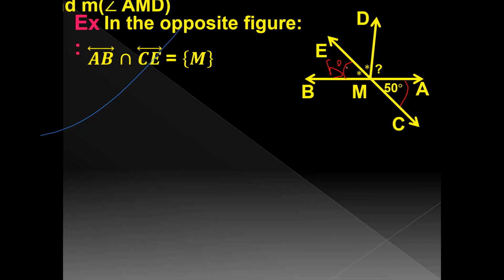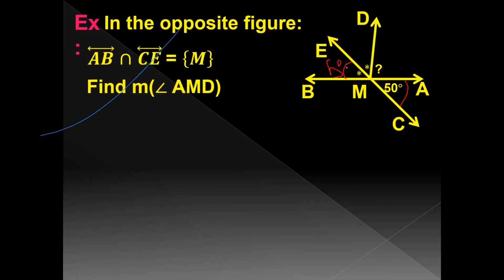And we have angle EMB equal to angle EMD. This angle equals this angle in measure, denoted by the same symbol. So angle EMD equals 50 degrees also. And as we see, BA is a straight line. So angle EMB plus angle EMD plus angle DMA equals 180 degrees.